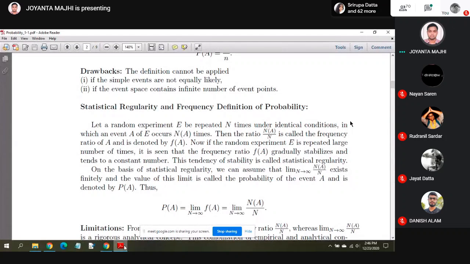Na is the number of occurrences of the event A, and n is the total number of trials.